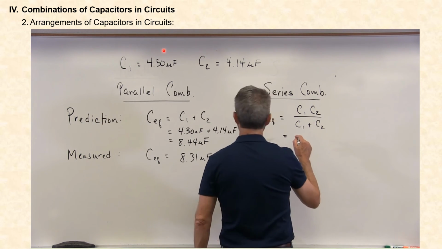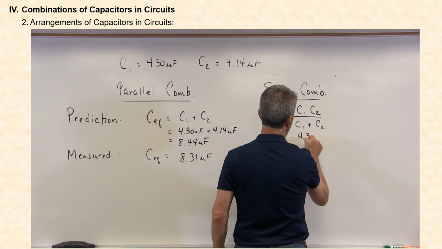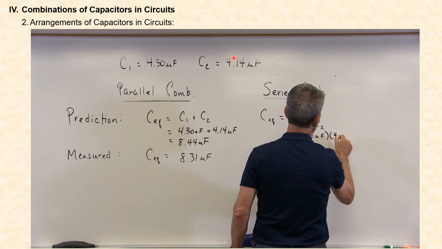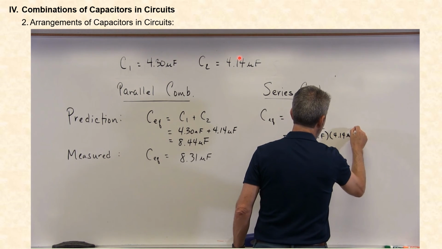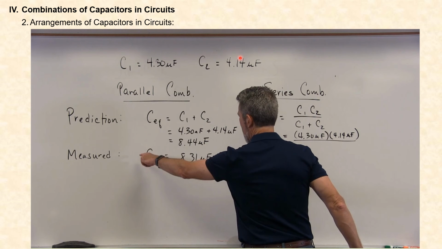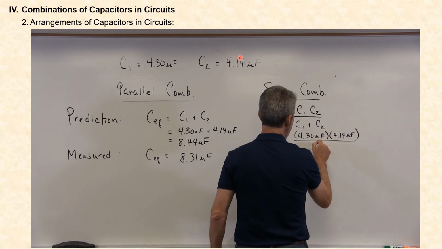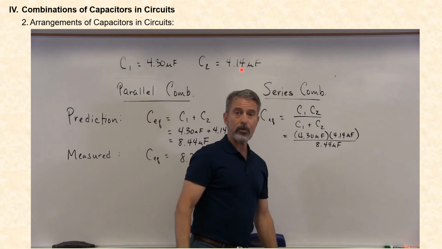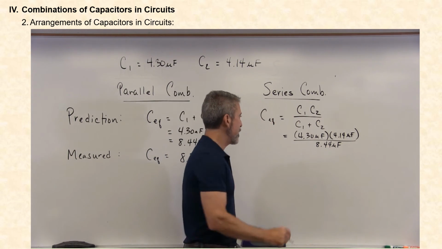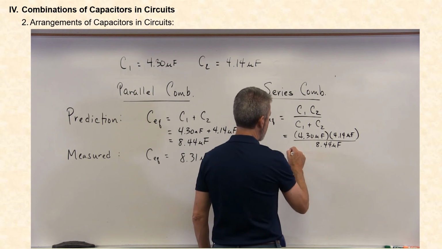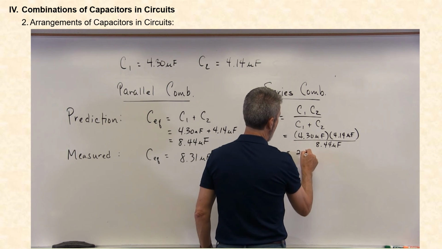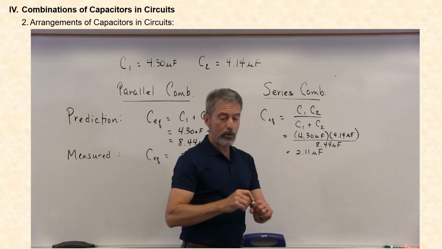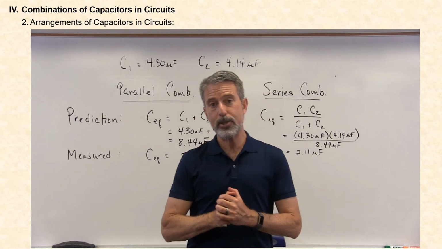So when we plug in our numbers here, we've got 4.30 microfarads times 4.14 microfarads divided by the sum, which we already found over here to be 8.44 microfarads. And when you punch the numbers into a calculator, the value you get here is going to be 2.11 microfarads. So that's a theoretical value for the equivalent capacitance.